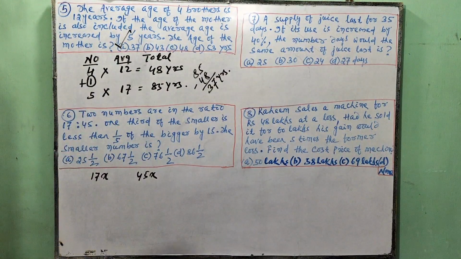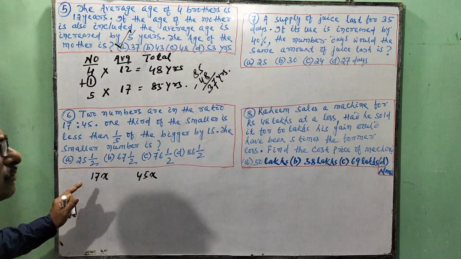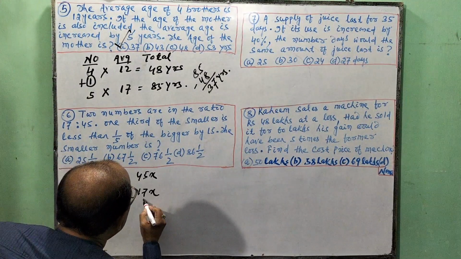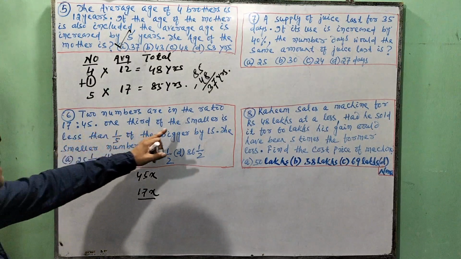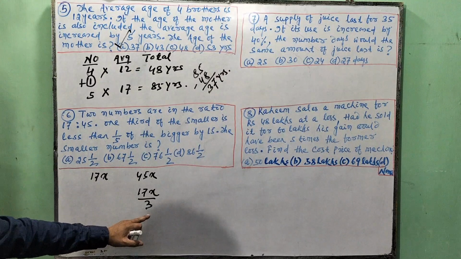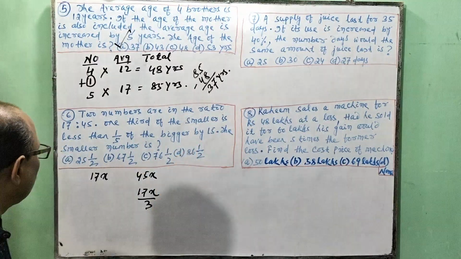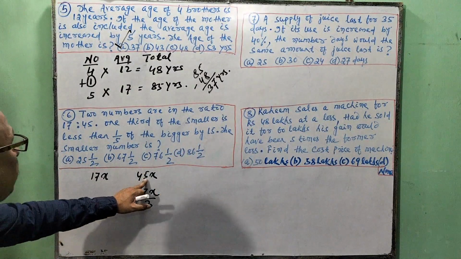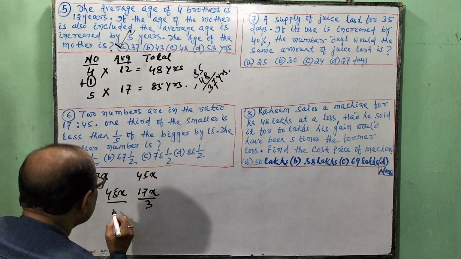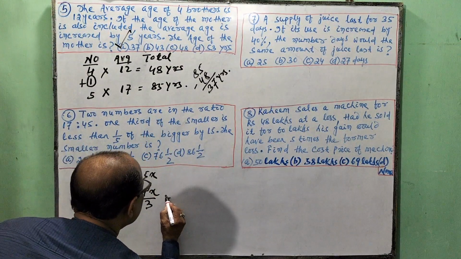One third of the smaller is less than one fifth of the bigger one, which is 45x, by 15.